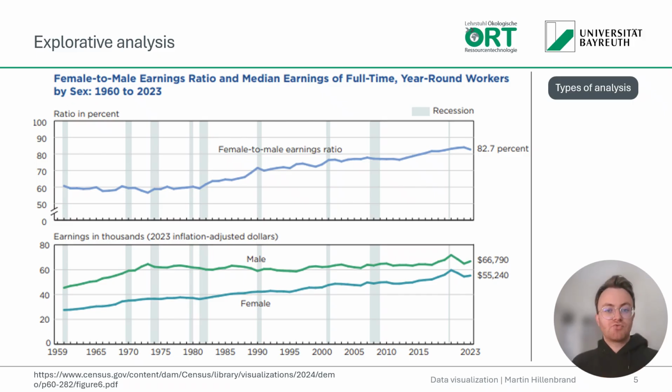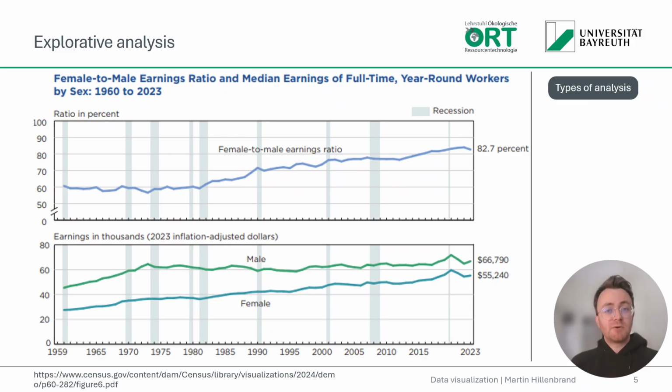with these gray boxes. And you see that the ratio is with a slight upwards trend, and you see in the bottom that the male and the female curves are still not on the same level, but they are narrowing down a little bit over the years. And so this is an information which you can see from this representation of the data, and especially with the calculation of the ratio in percent, you can now really see, okay, how is this ratio changing over time.